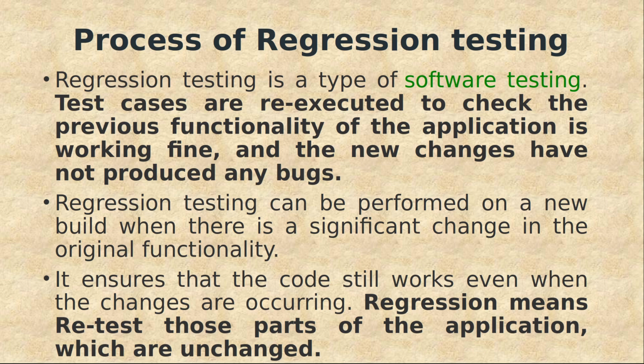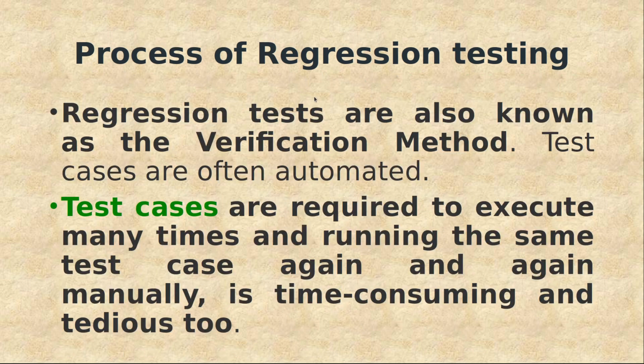Here regression means we retest those parts of the application which are unchanged. We test the unchanged parts also. This is also called a verification method. Test cases are required to execute many times.